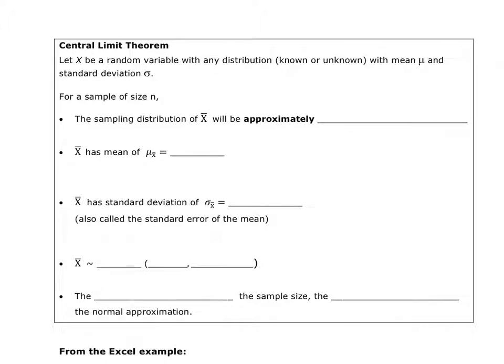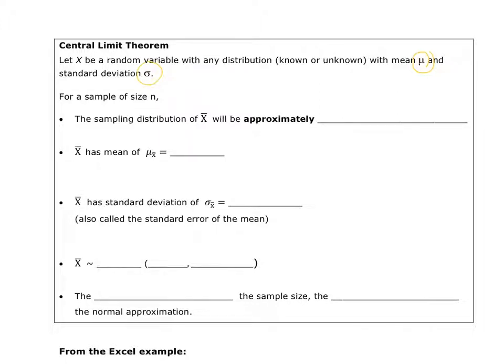So if we let x be a random variable with any distribution, so we looked at uniform, it could be any other distribution that we know what that distribution is or we don't know what it is. But we do assume that it does have some mean value and a standard deviation.